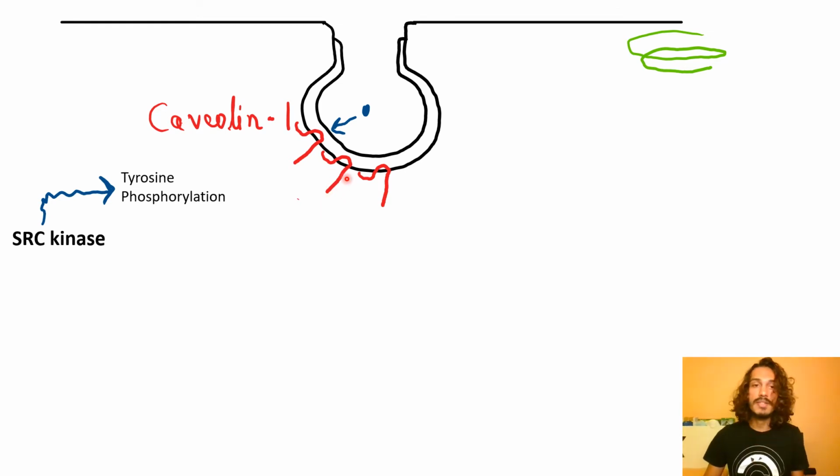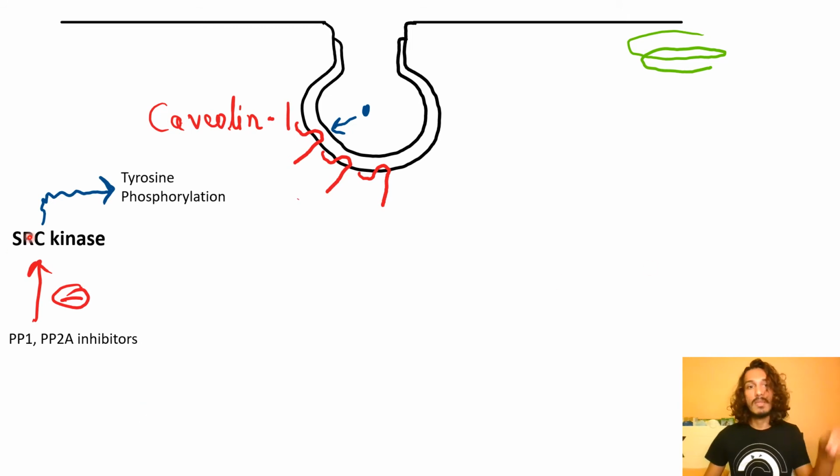There's a tyrosine residue over there, and this SRC kinase does that. But normally there are PP1, PP2A, which are phosphatases. These are serine, threonine phosphatases, and what they do is normally inhibit your SRC kinase.